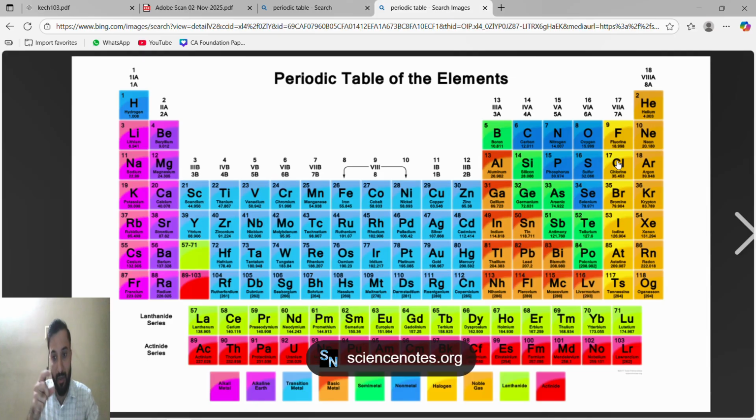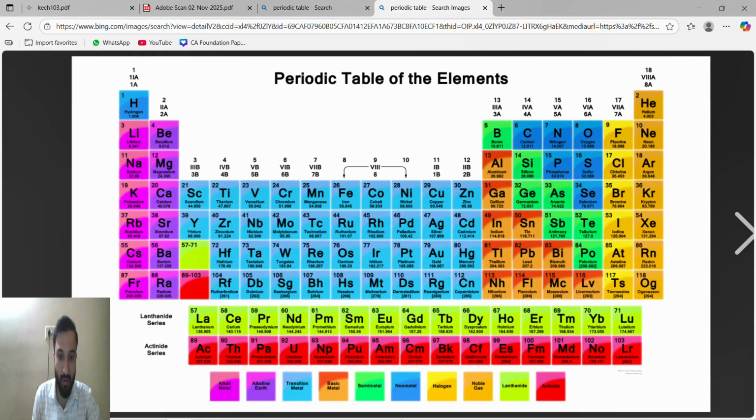Based upon their atomic number, electronic configuration and chemical properties, we organize the periodic table.